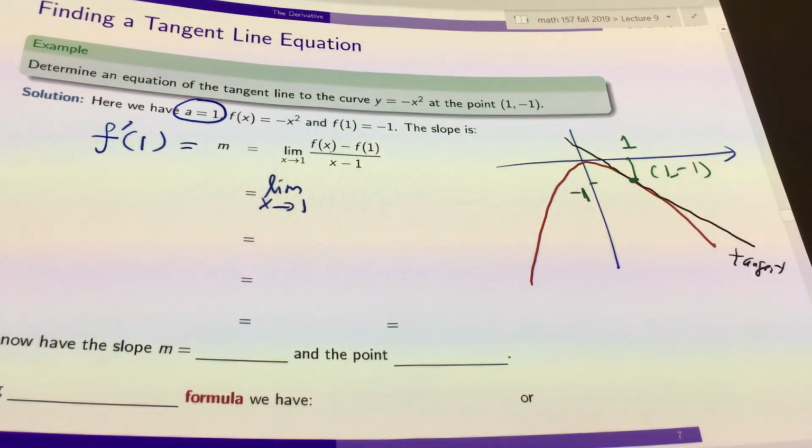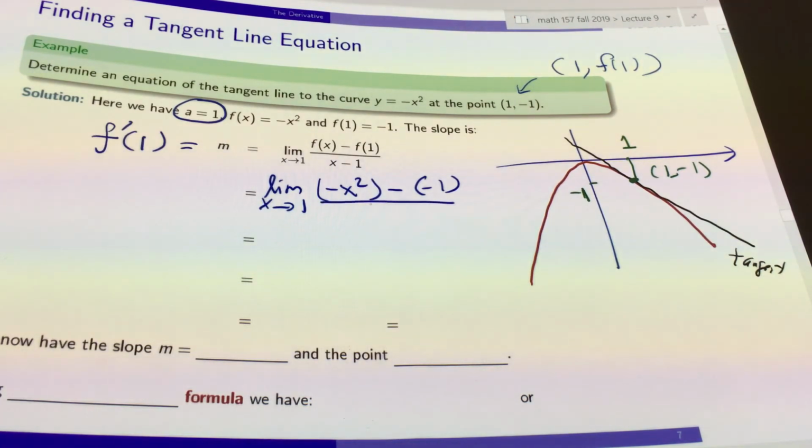My function f of x is given to be this. This is my first term, minus f of 1. F of 1 is already given because this point is 1, f of 1. The point on the graph is x, f of x. So you can either substitute back, or it's given to be minus 1 over x minus 1.